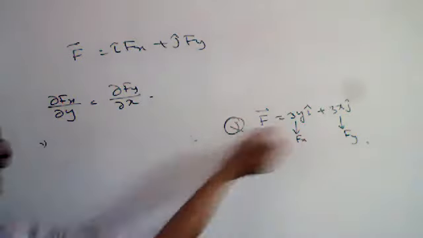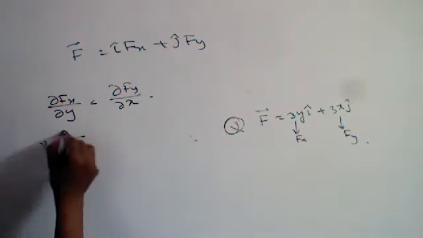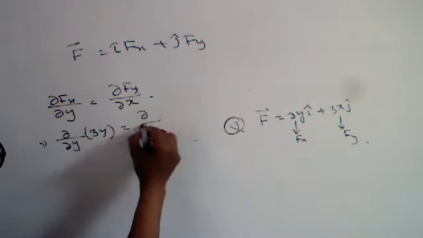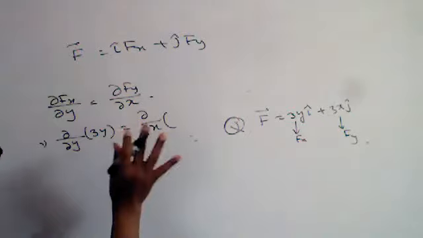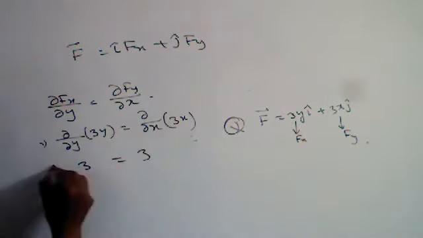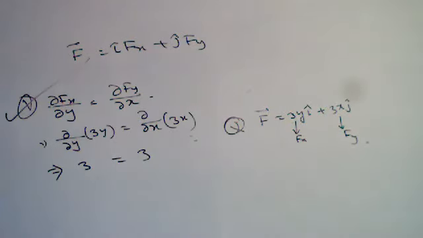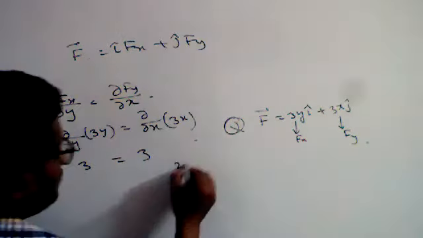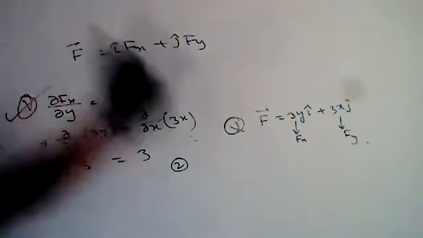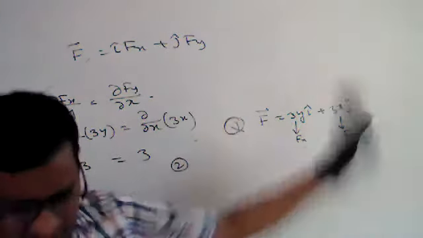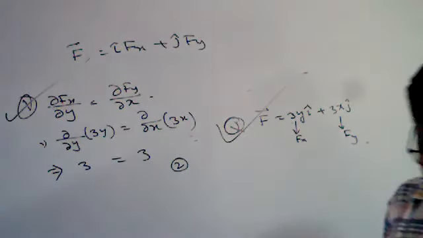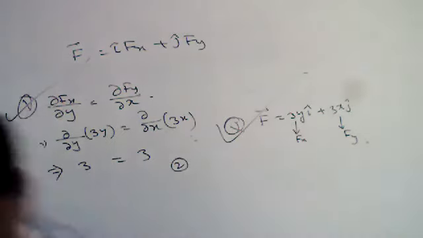Fx means 3y, differentiating with respect to y gives 3, and Fy is 3x, differentiating with respect to x gives 3. So it is satisfied. Number 2, checked: there is no function of z, so you cannot calculate. So this is a conservative force.